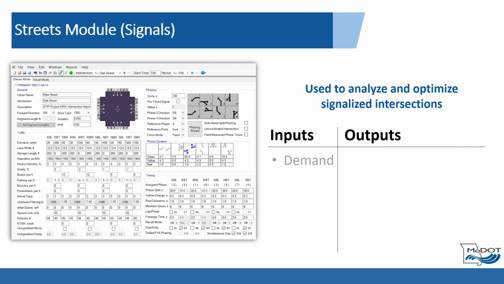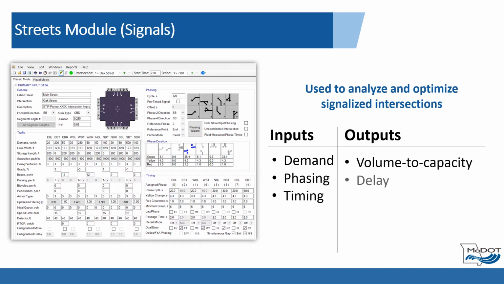An intersection's demand, phasing, and timing attributes are input into this module to calculate volume to capacity, delay, queuing, and other key MOE outputs using HCM methodologies. The module also provides the ability to optimize a signalized intersection. While this option is available in HCS, MoDOT typically uses Synchro to analyze signalized intersections.